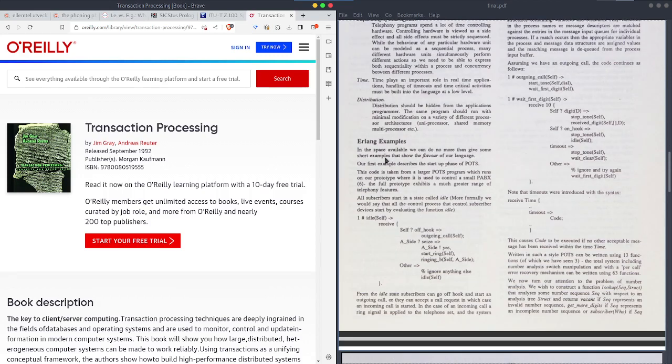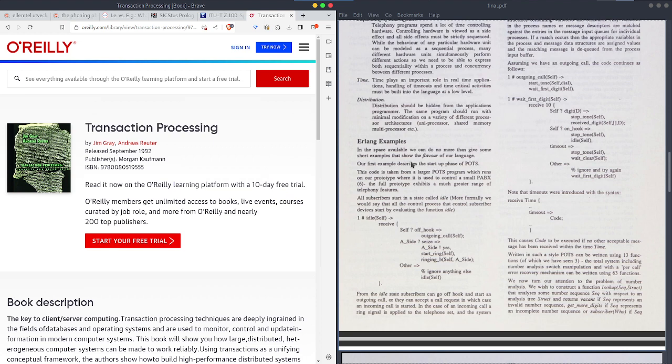In the space available, we can do no more than give some short examples that show the flavor of our language. Our first example describes the startup phase of POTS. This code is taken from a larger POTS program which runs on our prototype, where it is used to control a small PIBX.